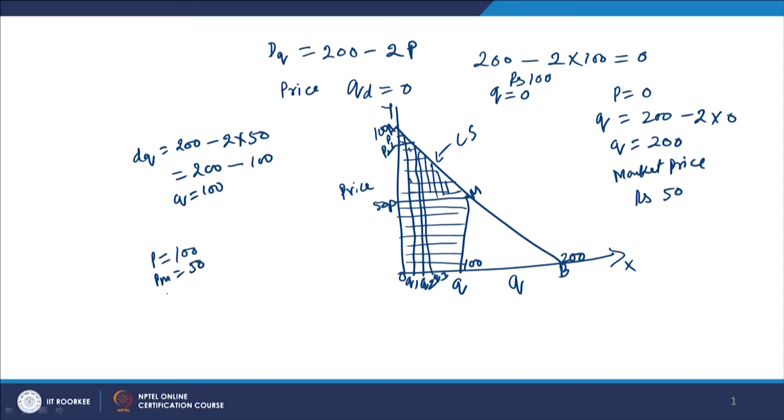So, difference is 100 minus 50 equal to 50.